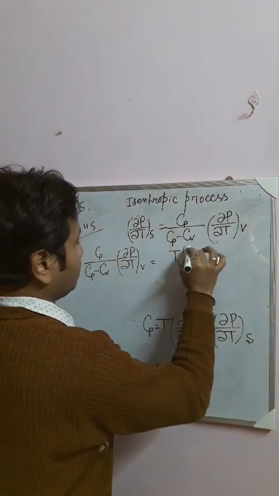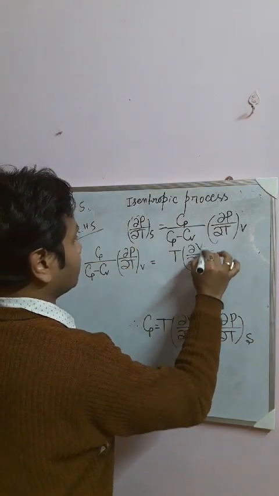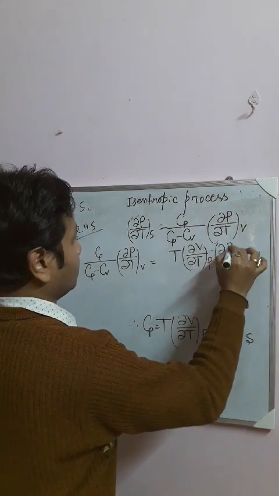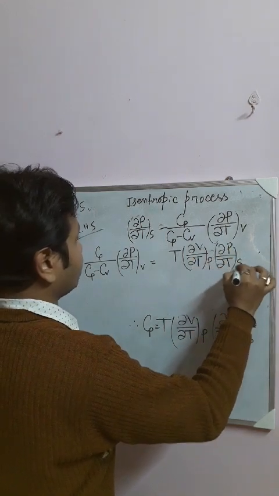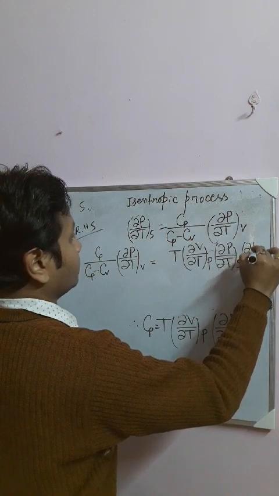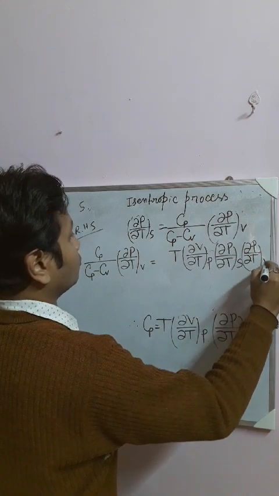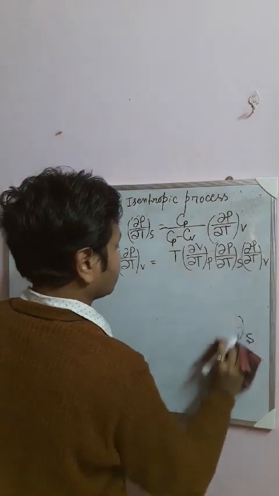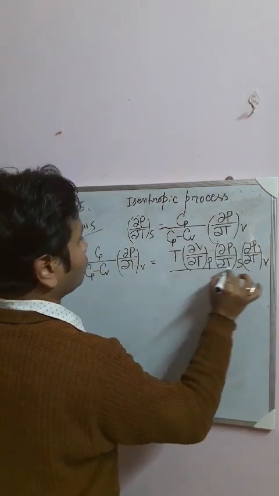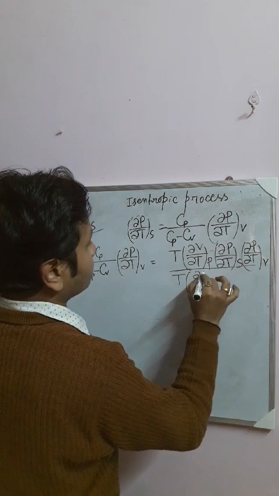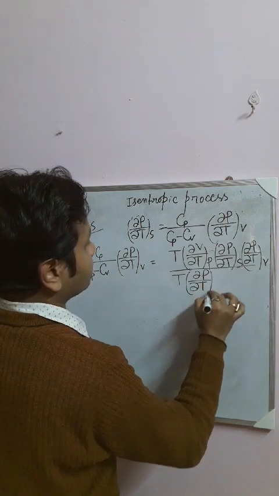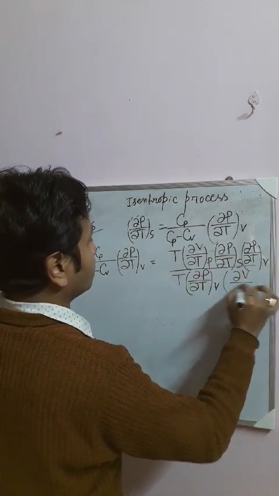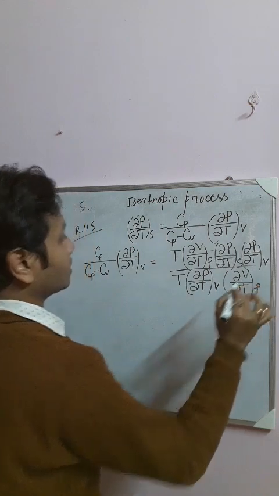This T into del V del T at constant pressure into del P del T at constant S, into del P del T at constant volume. Now I can erase it because I have already substituted the value. Now what will be Cp minus Cv? T into del P del T at constant volume into del V del T at constant pressure.